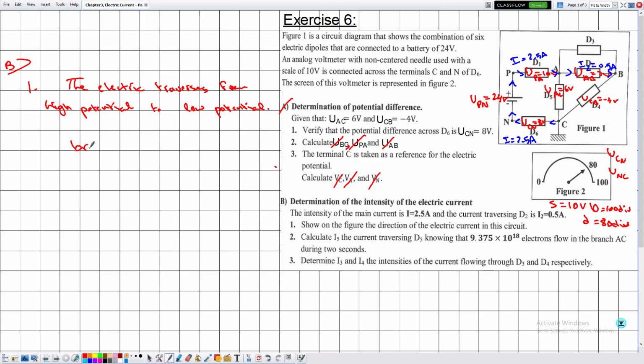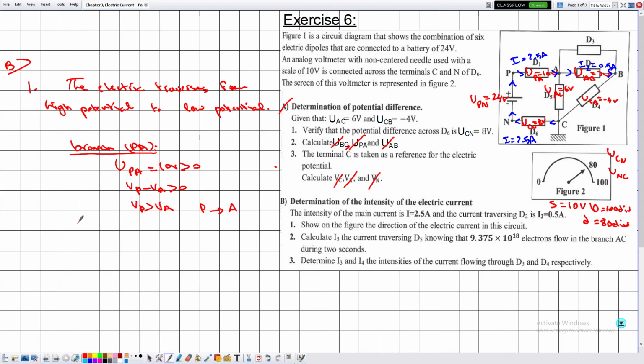So in the branch PA, we have that UPA is equal to 10 volts, which is positive, which means that VP minus VA is positive, which means that VP is greater than VA. Then it's from P to A in the branch PA.